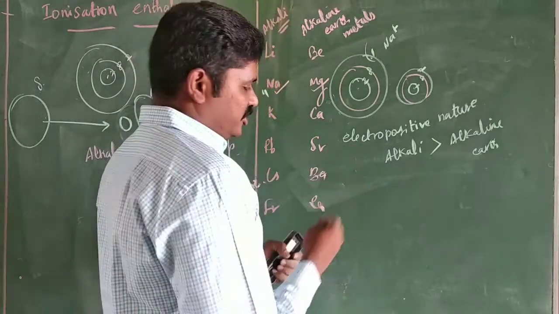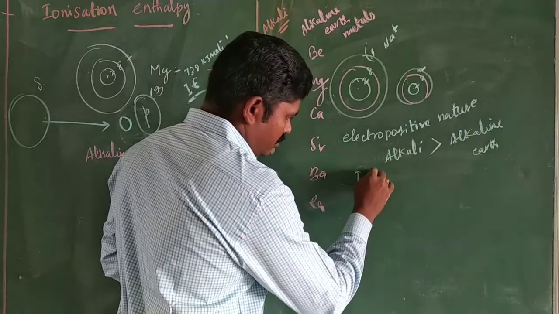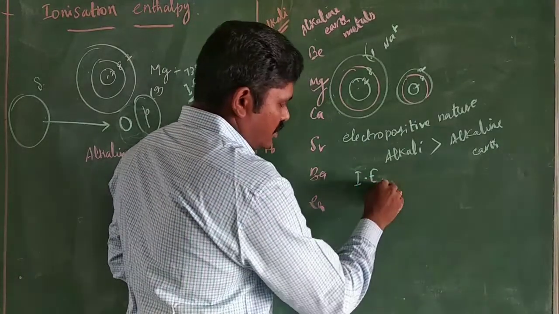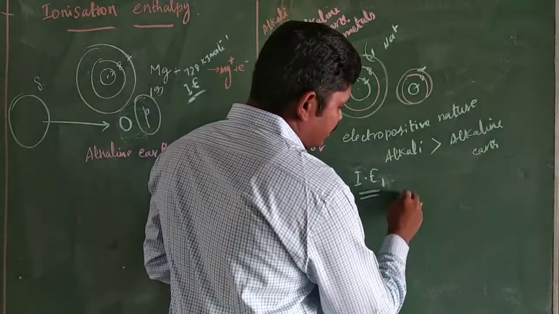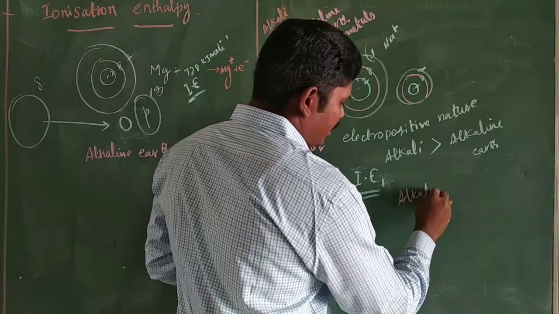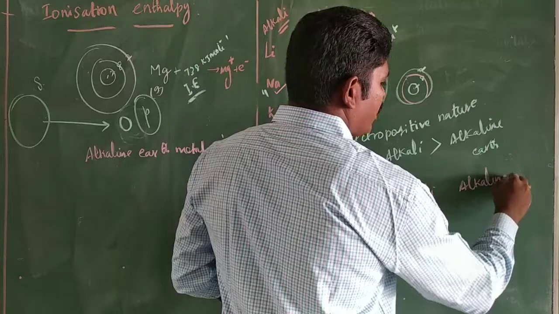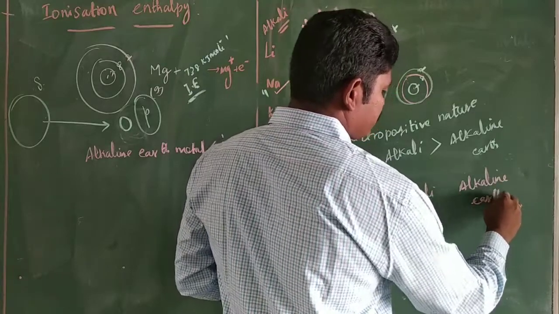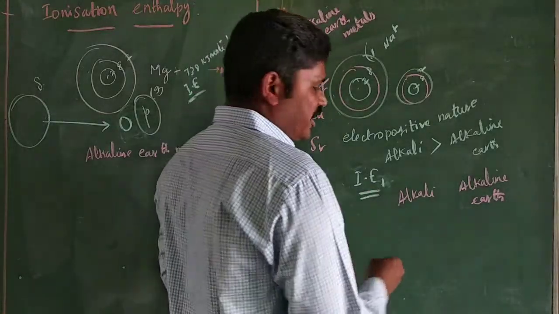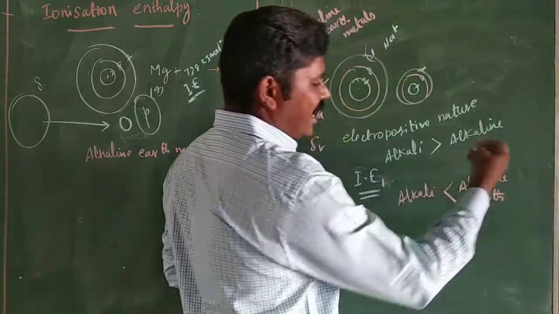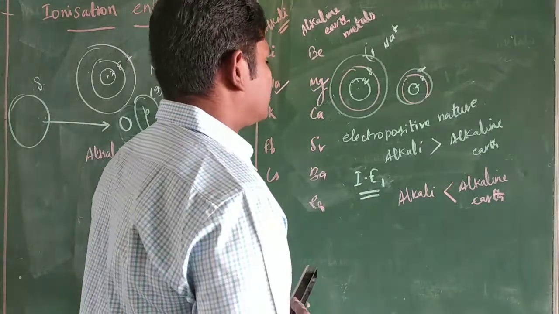The first ionization energy of alkali and alkaline earth metals is higher in alkaline earth metals than alkali metals.